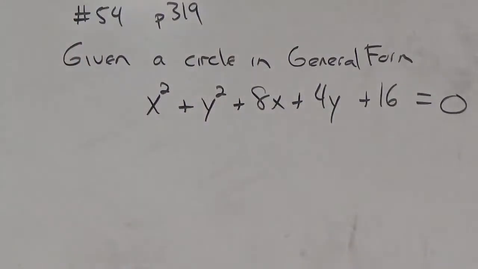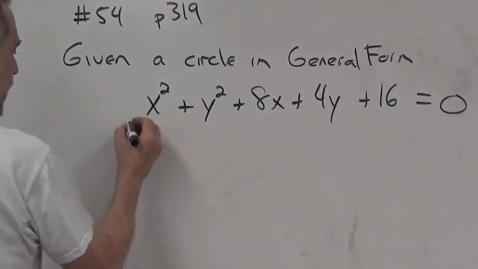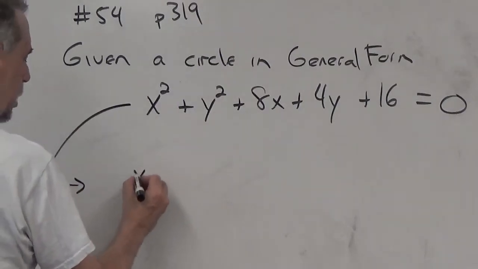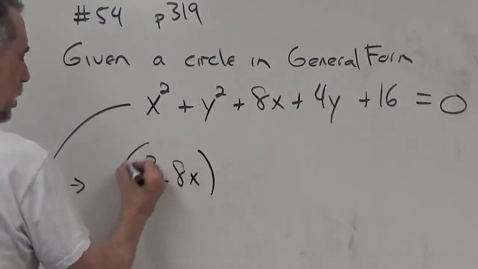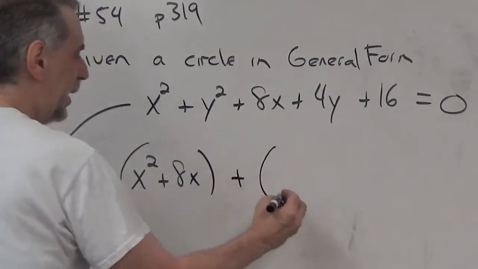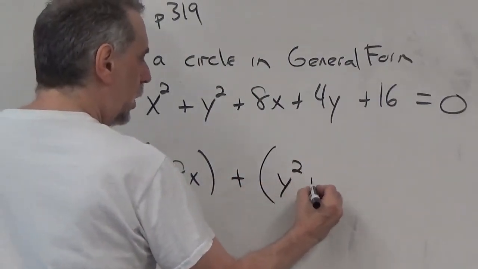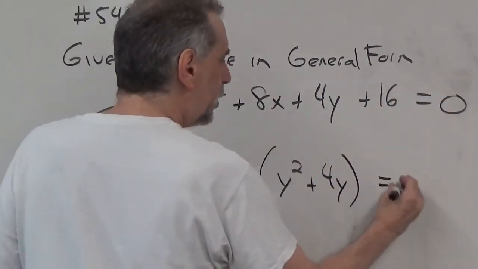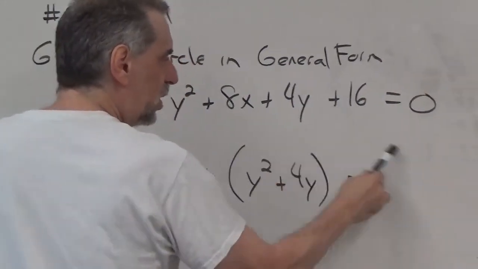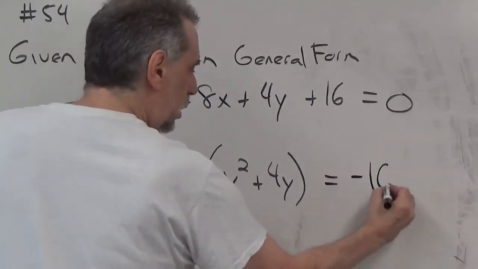And that's how we're going to get our standard form. Right? So take this and gather the x's together, x squared plus 8x. And then gather the y's together, y squared plus 4y, and put the constant on the other side. So subtract 16 from both sides, negative 16.